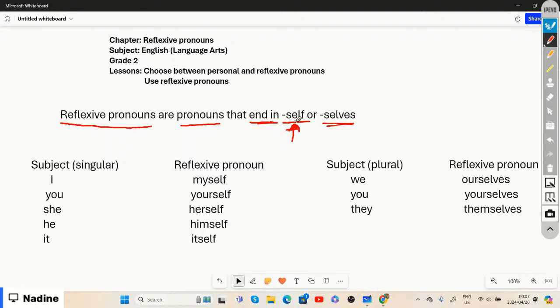So it's either myself, yourself, herself, himself, or itself. That is when we have a singular subject.